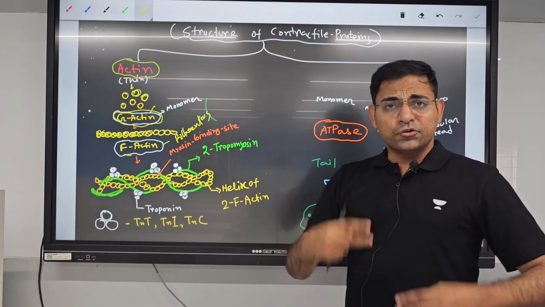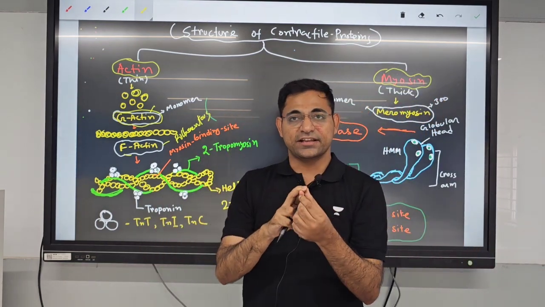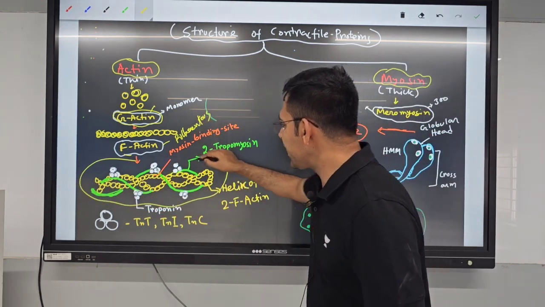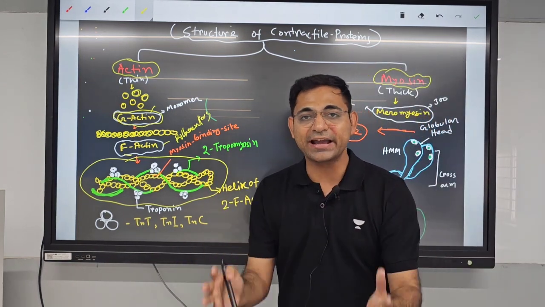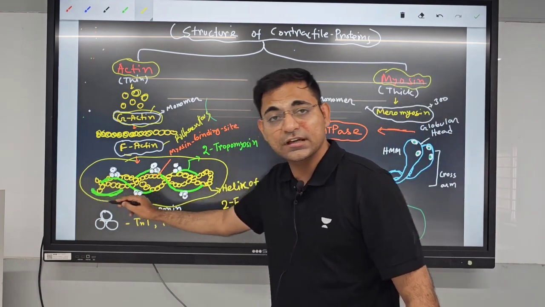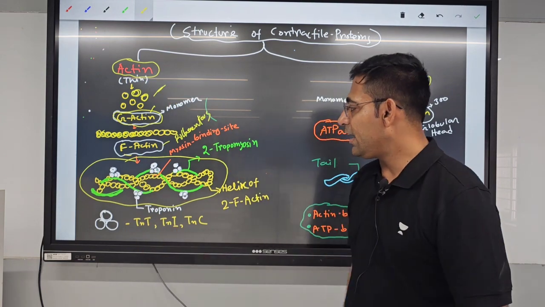Two filamentous actins wrap each other like snakes and form the actin filament. So this is ultimately the polymer, which is made up of the monomer globular actin.